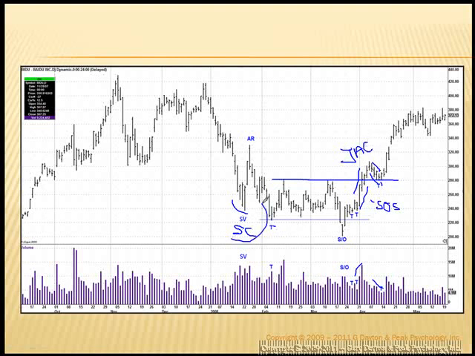So we want to see that stopping volume or selling climax. We want to see it test a number of times. And there's no magic number. I don't know if it's 2, 3, 10. It's some number of times. And then we see that jump across the creek, and then the backup to the edge of the creek is the choice trade location. We see that all the time in the markets.